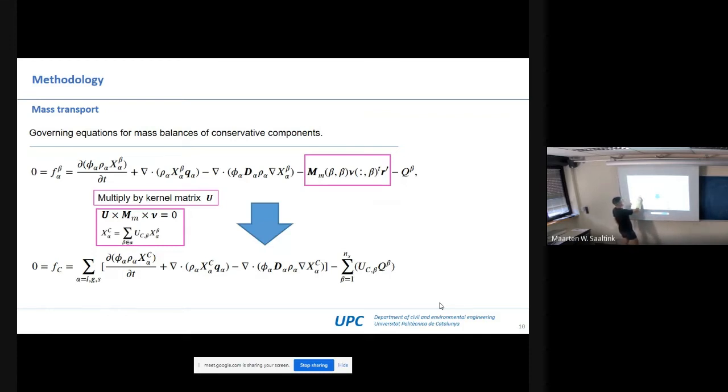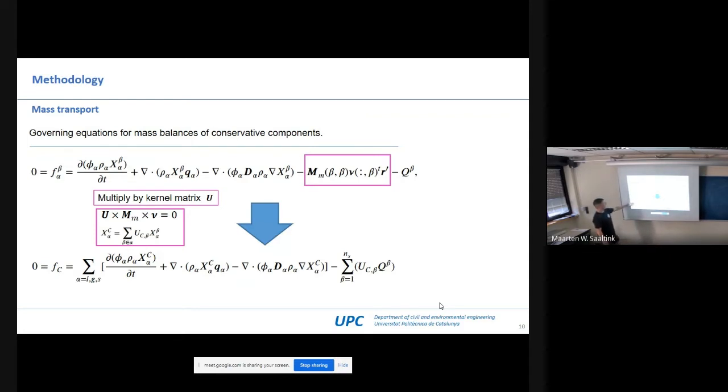If we multiply the kernel matrix by the reaction term, it becomes 0, because this is the kernel. So we get the component, and the component does not change. It is independent of the reaction rate.